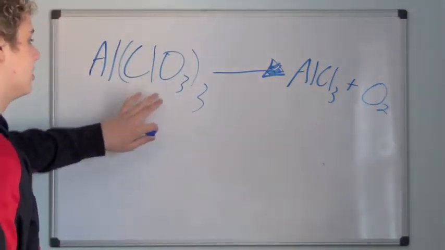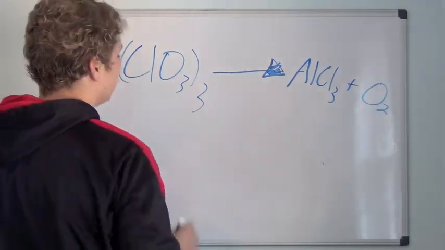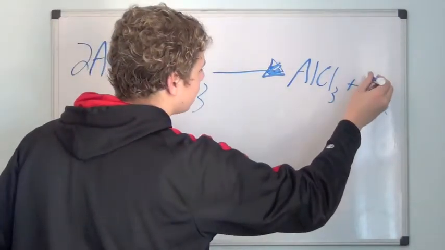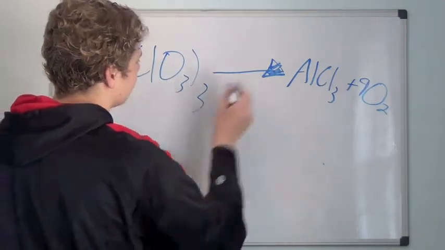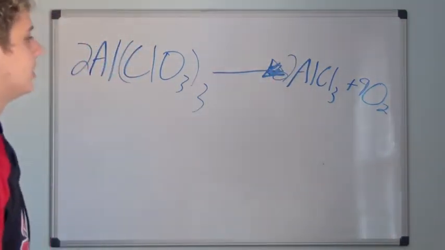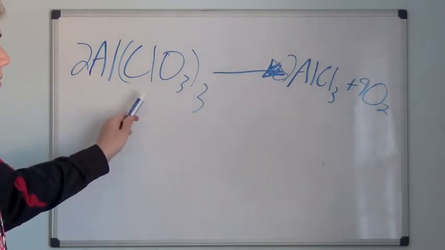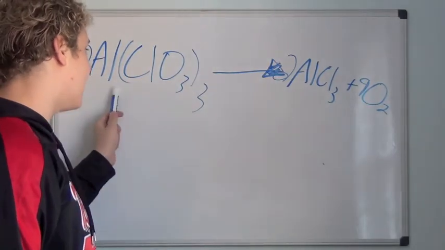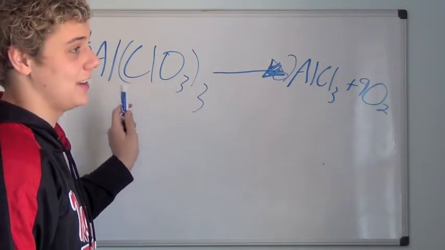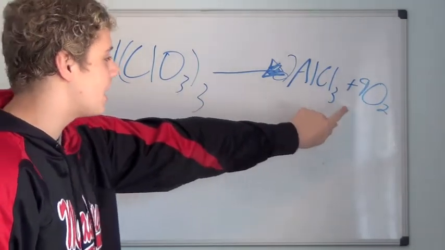And then you balance it, so 9 O2, put a 2 out here, 18, so 9, 3 chlorine, 6, 2. So a metallic chlorate, this is a chlorate, not a chloride, this is a chloride. Chlorate decomposes to chloride plus oxygen.